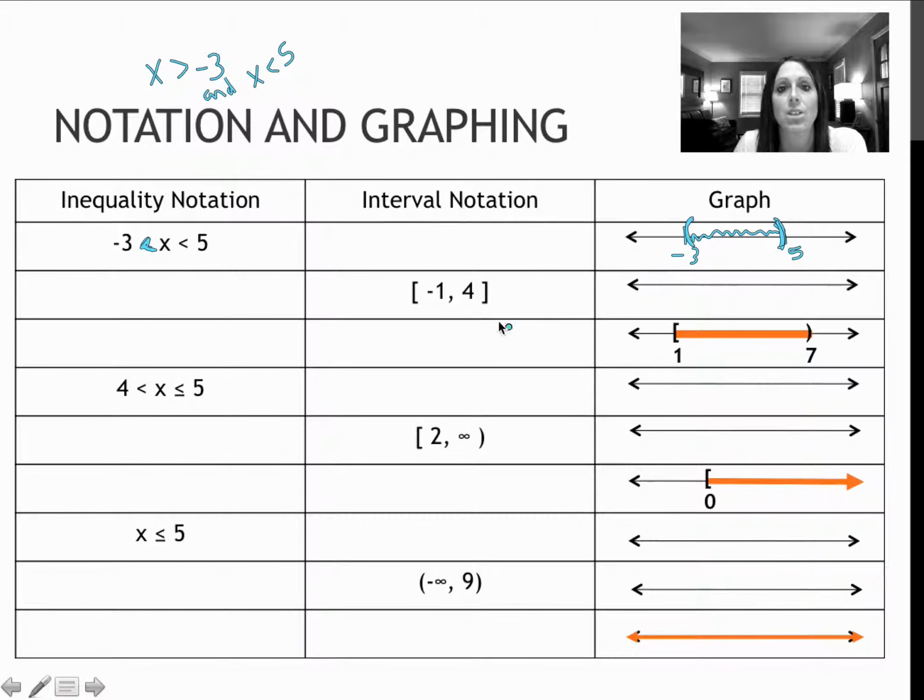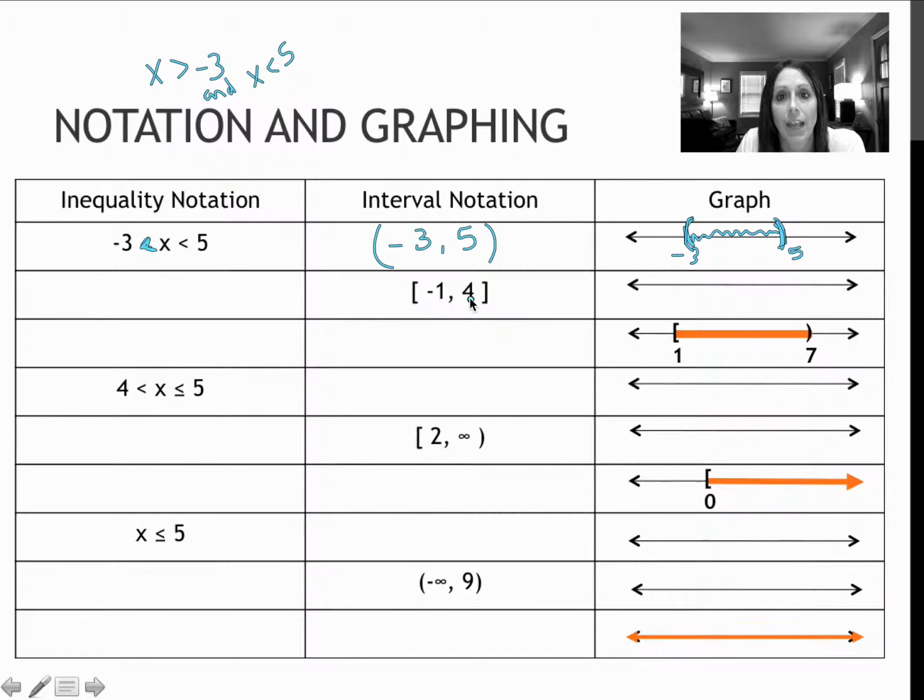Now, interval notation actually uses the same open brackets like this, or closed brackets, which we'll get to in just a minute. In this case, I would write negative 3, comma, 5, with a parenthesis on each side. What this means is all of the numbers between negative 3 and 5 are solutions, but not including negative 3 and not including positive 5.